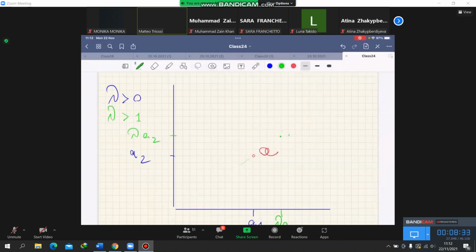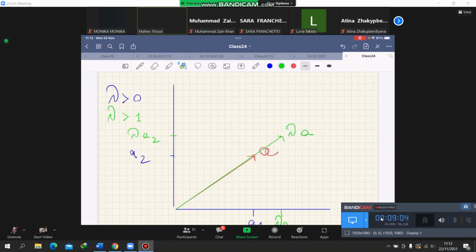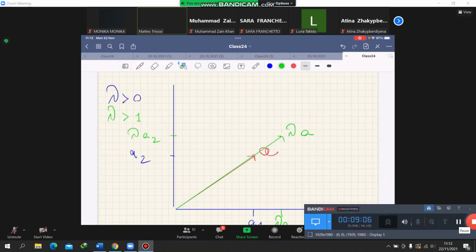And here we have lambda A. What we really have, given a vector, is an expansion. My lambda A is an expansion by a factor lambda of my initial vector.